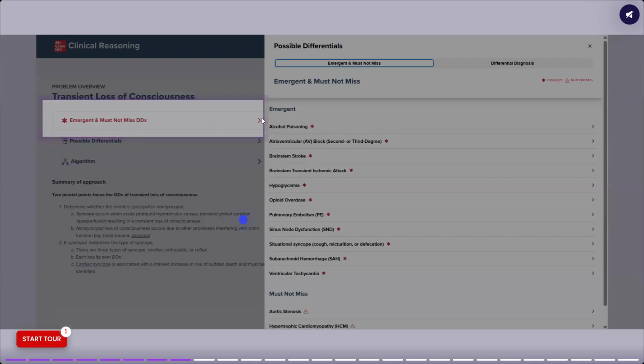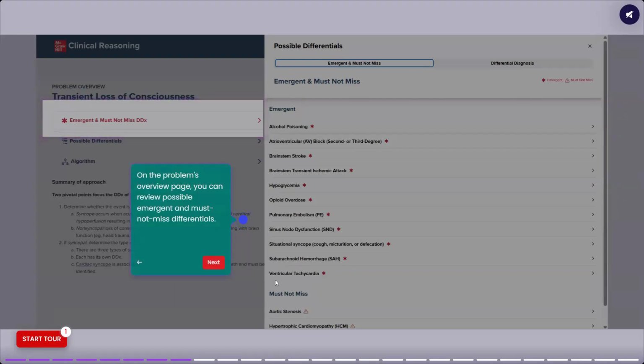So alcohol poisoning is an emergent situation. It has to be treated on the spot. Aortic stenosis is a life-threatening situation. So when we face a patient with transient loss of consciousness, this is the first checklist that we want to make sure is not on our differential diagnosis list. This is what we first look at.